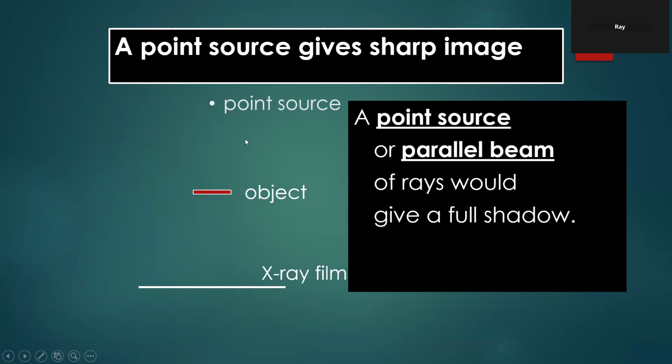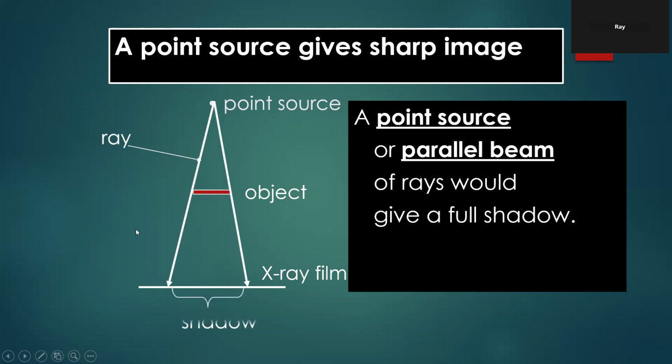Point source, object, that's your body that you want to X-ray, and there's the X-ray film. The rays of X-ray pass through and cast a shadow there. So that will be your shadow.